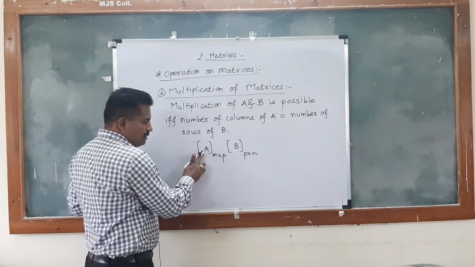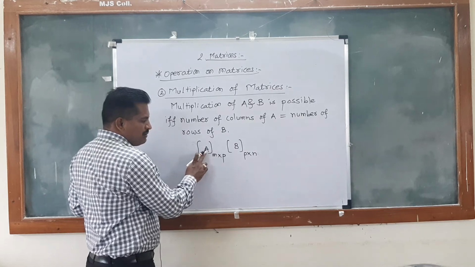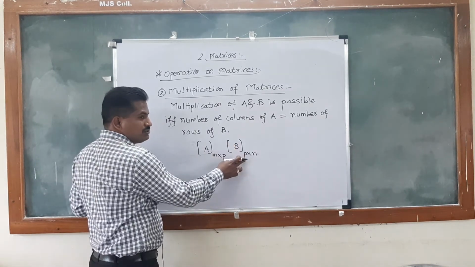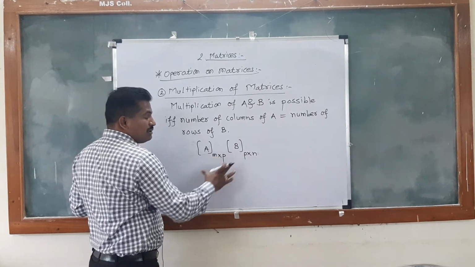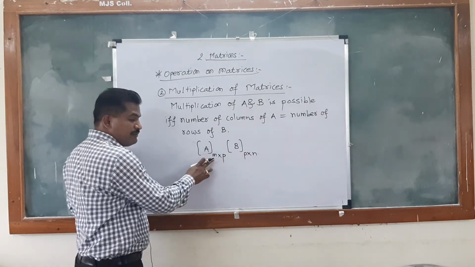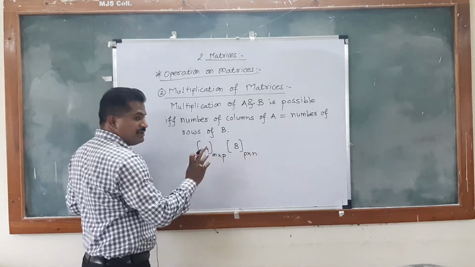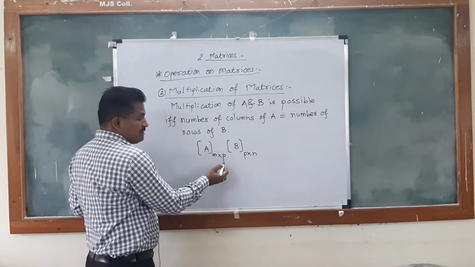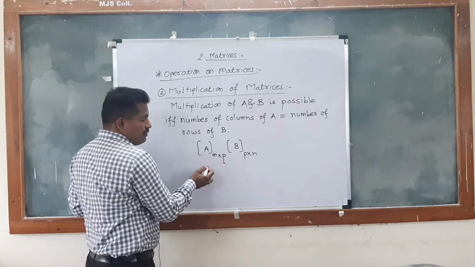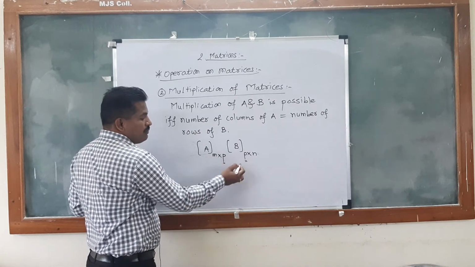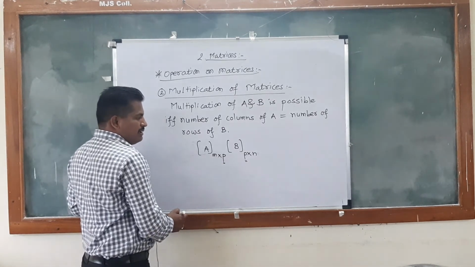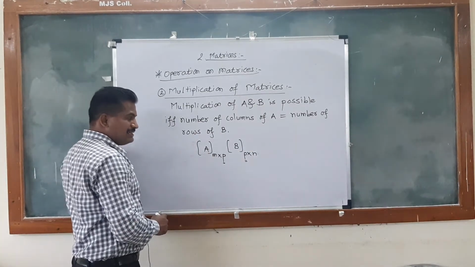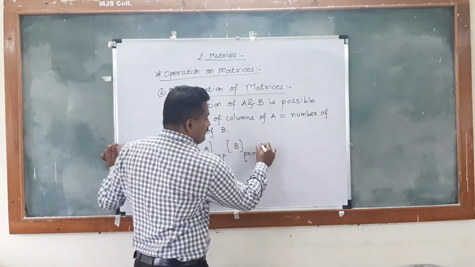If A has 2 columns, then B has 2 rows. There is no restriction on m and n, that means the rows of A and columns of B, but there is a strict restriction on the number of columns of A and rows of B.